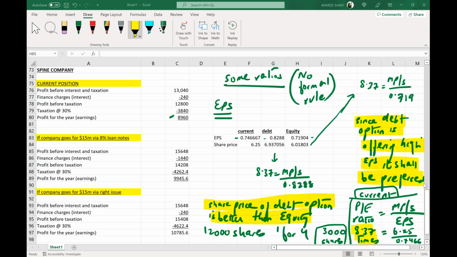Yes, Fazan. Many people are saying to calculate interest cover. You can calculate interest cover. I will also calculate it once you copy.